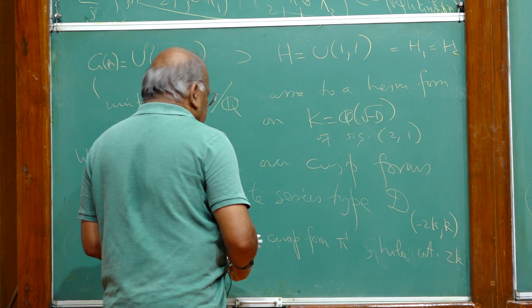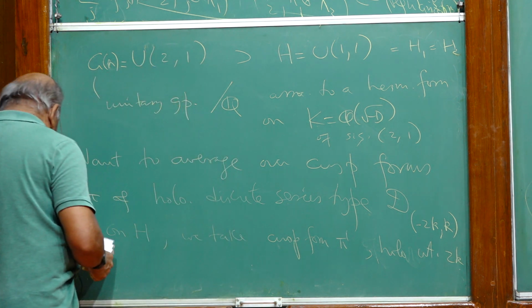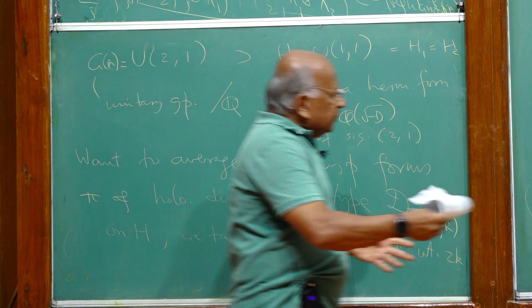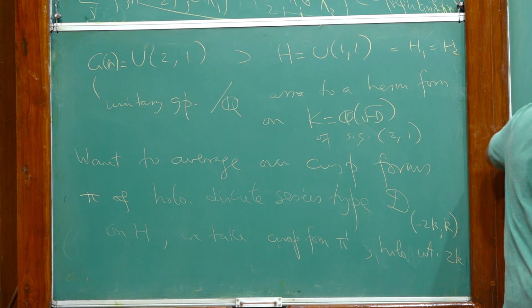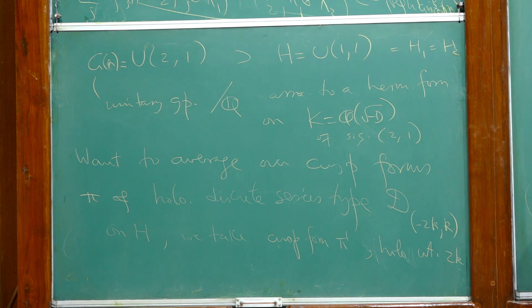So you take these, and what we do is a very similar thing to this paper with Rogowski, but everything is much harder. In principle, it should work for U1 cross U1 minus 1, but the analytic difficulties are forbidding, quite difficult. So I don't know.